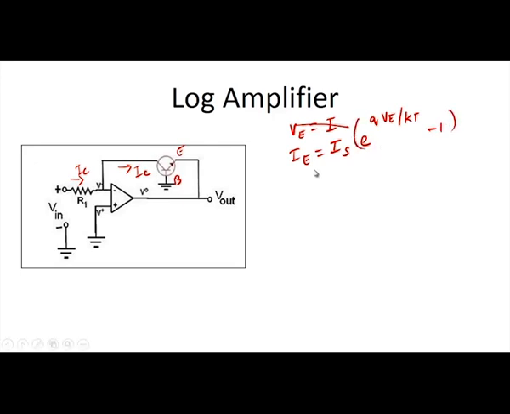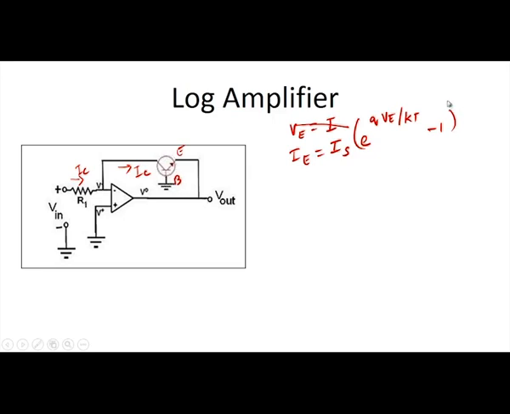So, this is the emitter current. You can also call it a diode current, since the transistor is working as a diode here. Of the three terminals, two terminals are at the same potential, that is the ground potential. The other terminal is connected to the output voltage. So, this transistor is now acting as a diode.